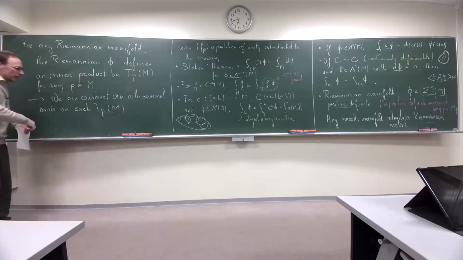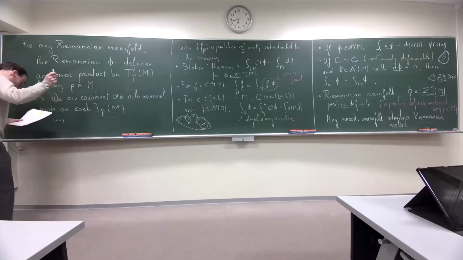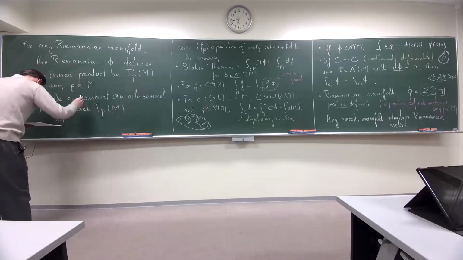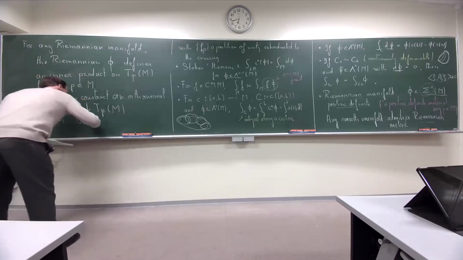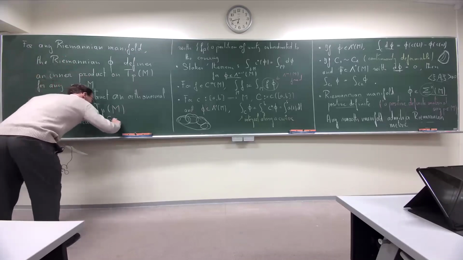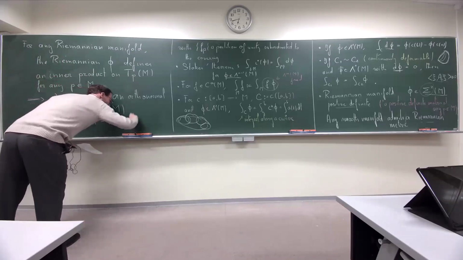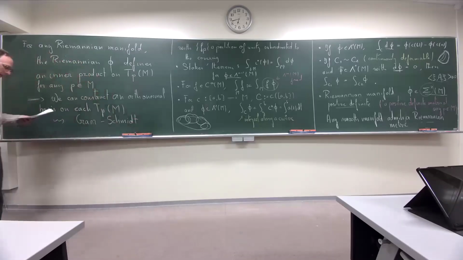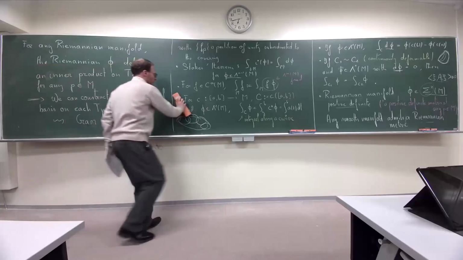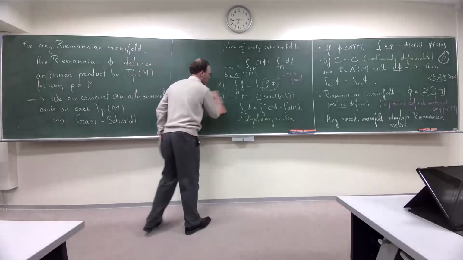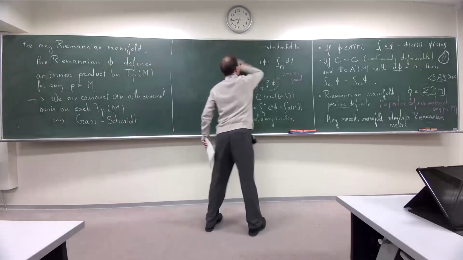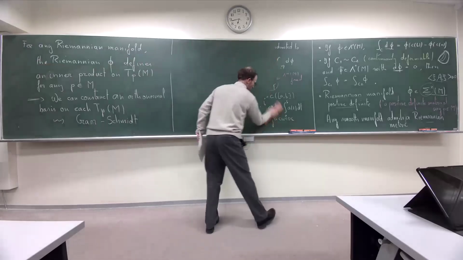And how you do it, maybe you remember one name, it's called Gram-Schmidt. This is a process which tells us how to construct an orthonormal basis. You start with one vector, then you construct a second one, which is also orthogonal to the first one, and then a third one, and so on.